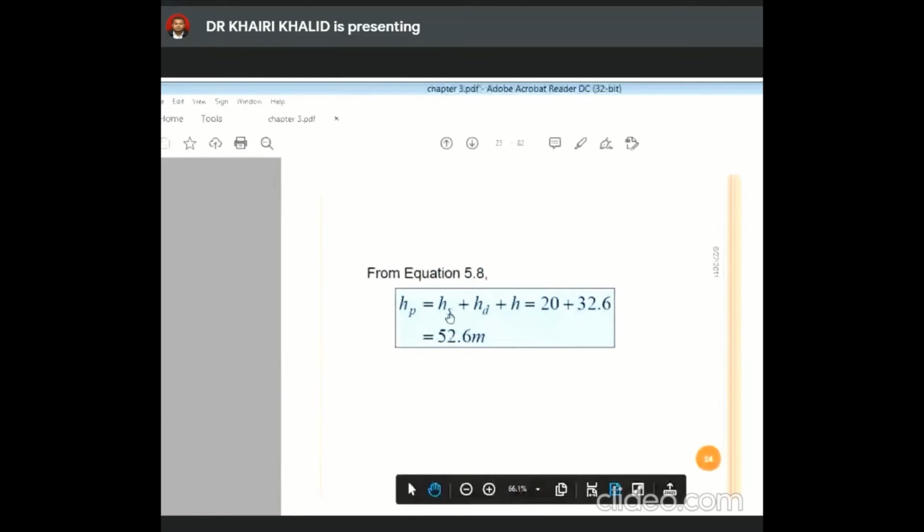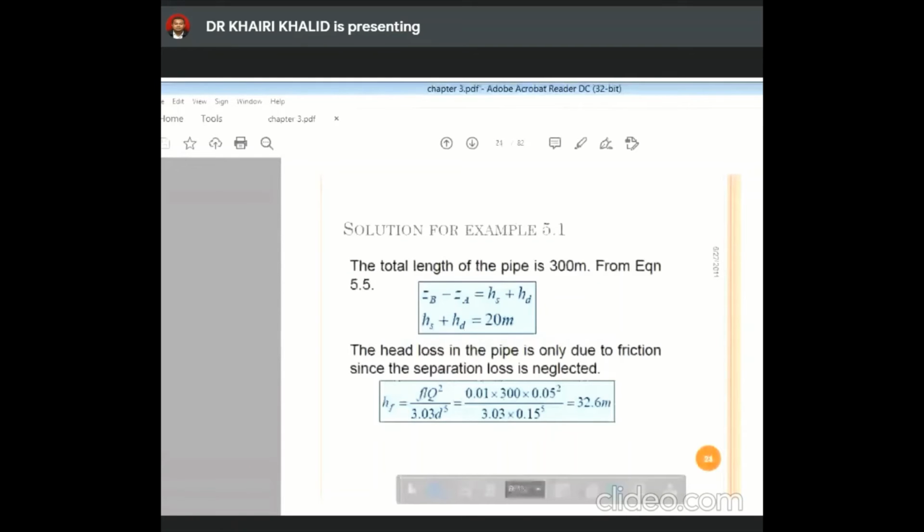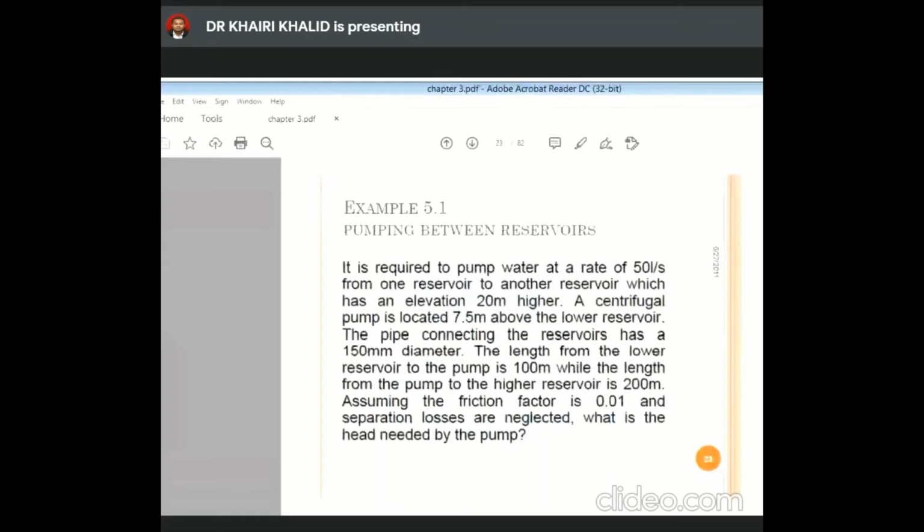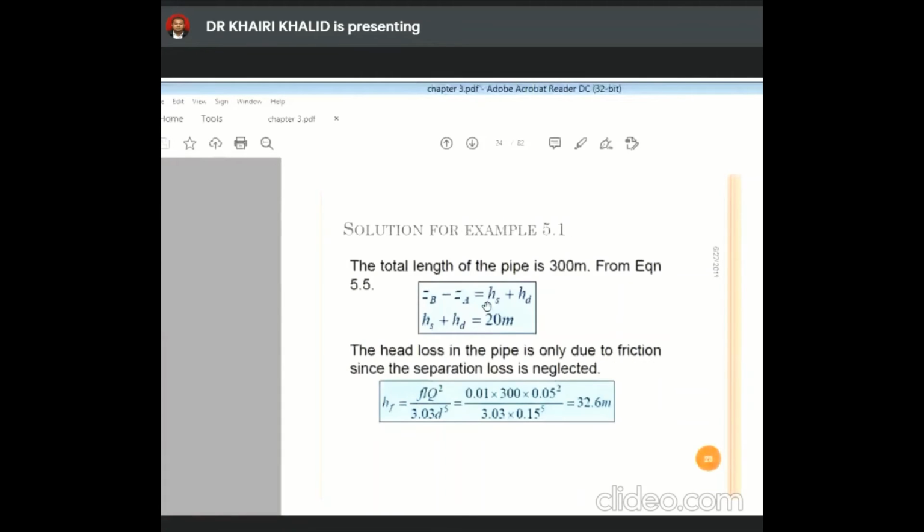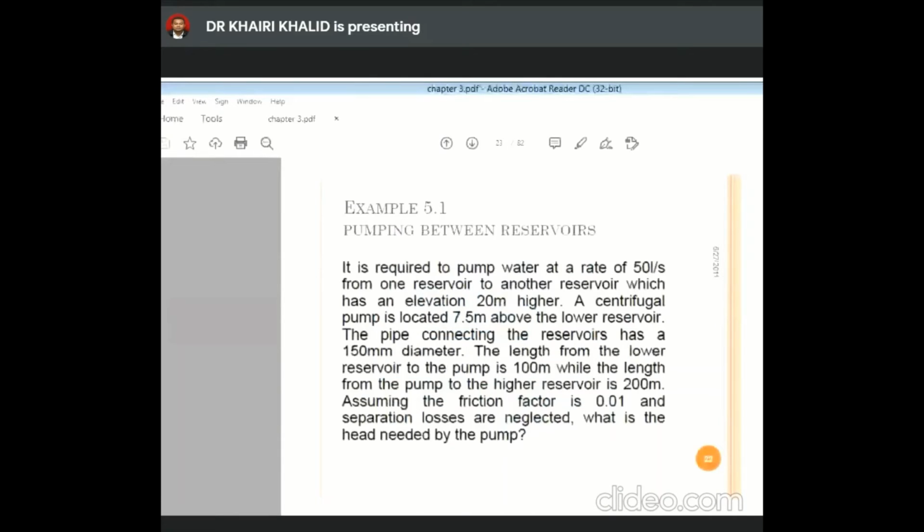So what we need to do again, as I said, ZB minus ZA is equal to HS plus HD. We notice from this equation that the difference ZB minus ZA is equal to 20 meters. So HS plus HD is 20 meters.